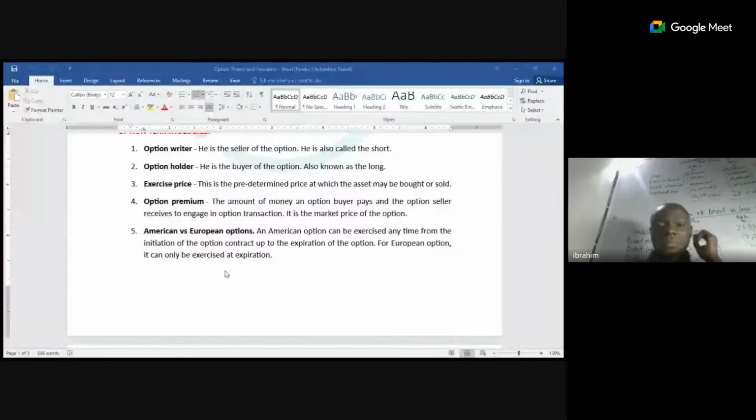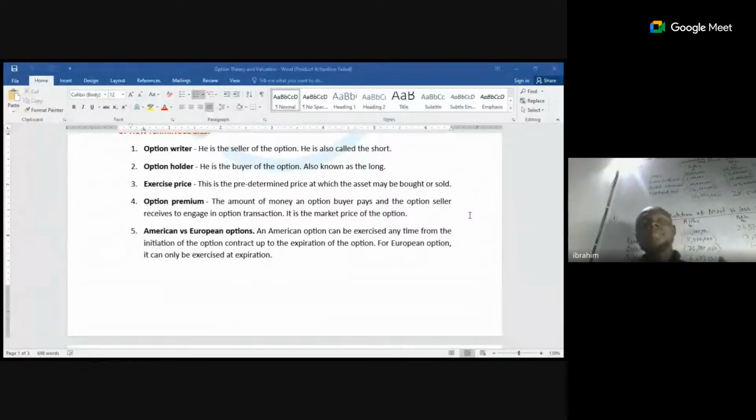So before we go, we have an option market where you can buy and sell an underlying asset, right? An option market is the market where investors can hedge their investments against the fluctuation of investment risk.